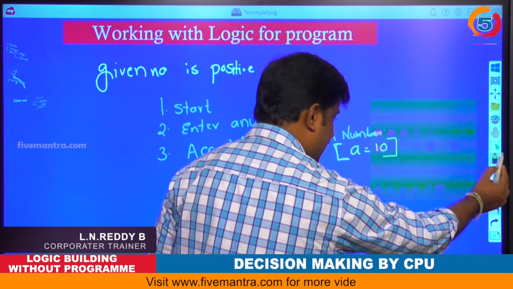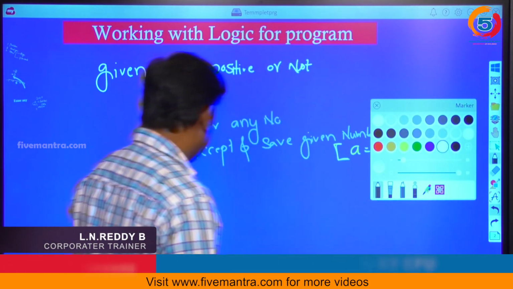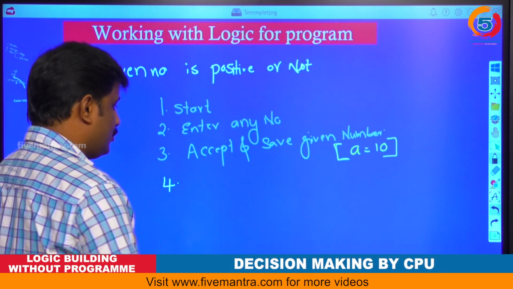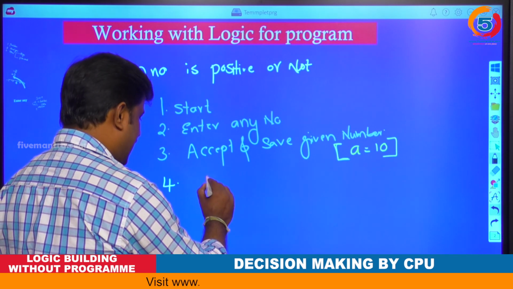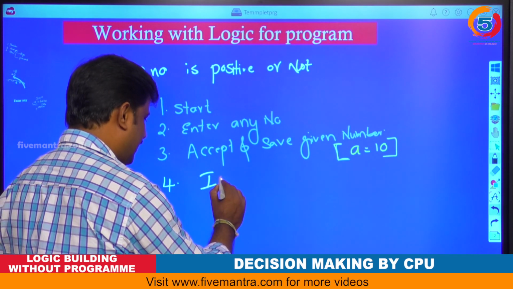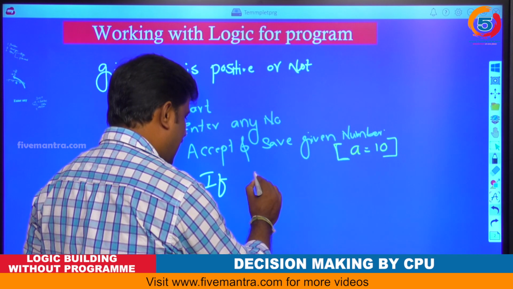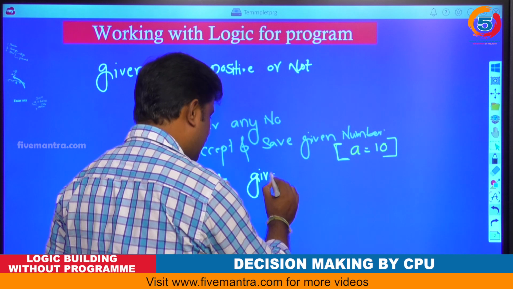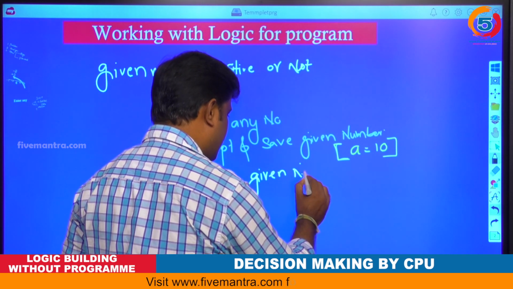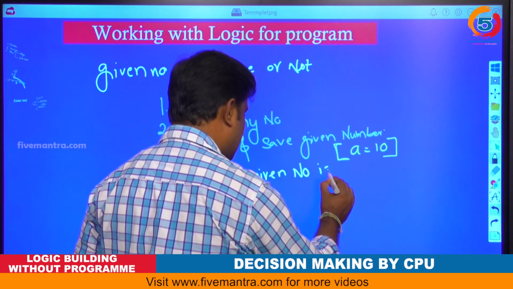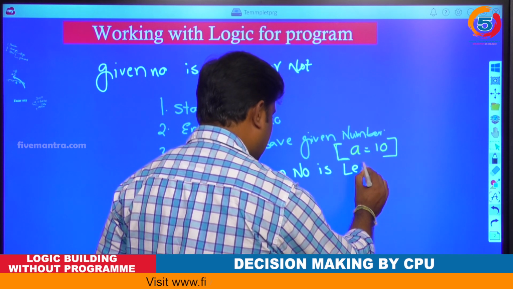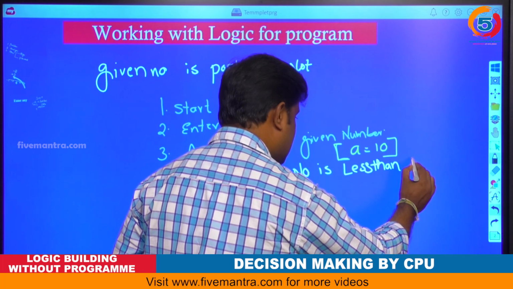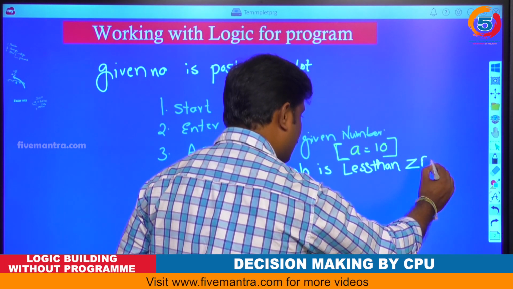Now next step, once it is completed, what do I have to do? Fourth step, I have to check. If given number is less than 0.